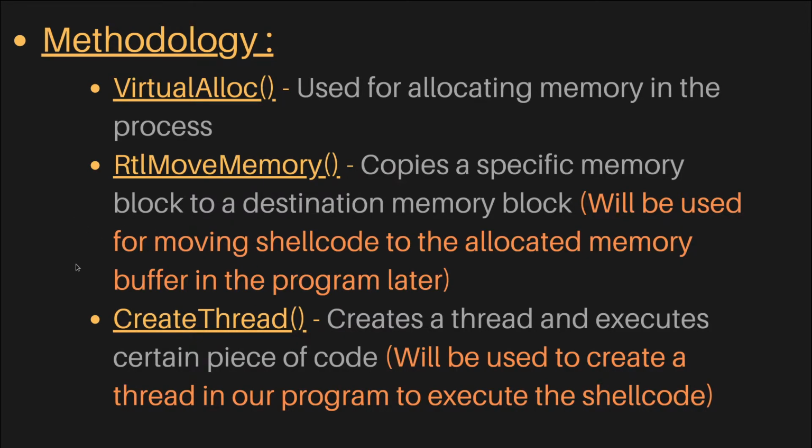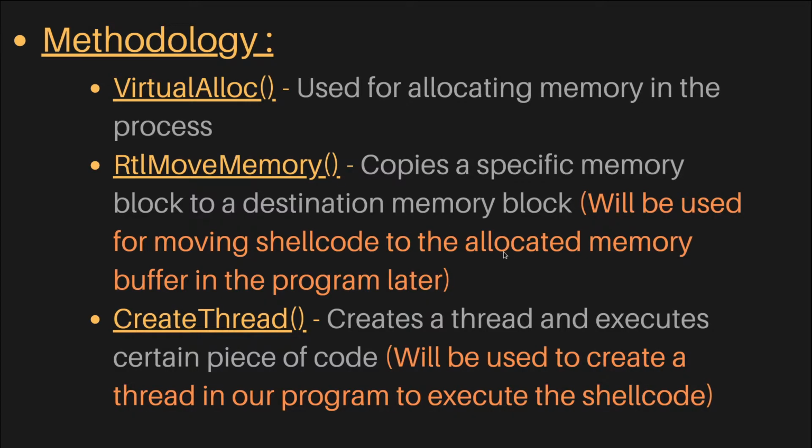And then we simply use the CreateThread function, which basically creates a thread and starts executing a certain piece of code. For malicious purposes, we simply use this function to create a thread which starts executing our shellcode.